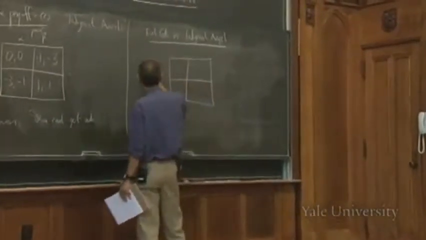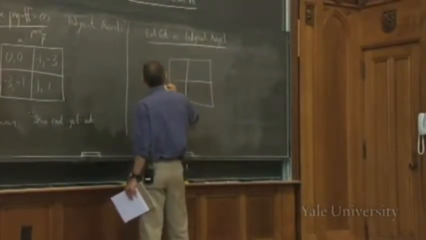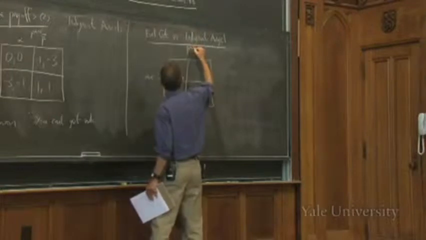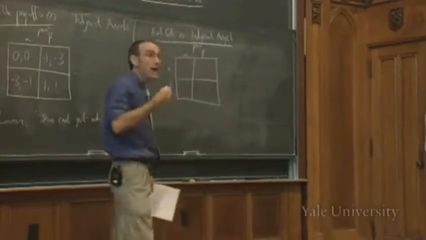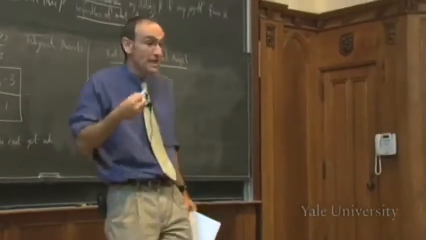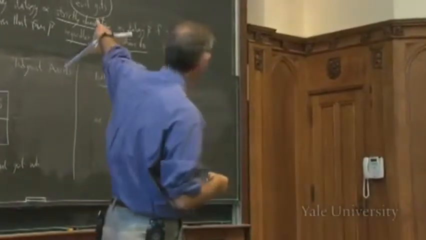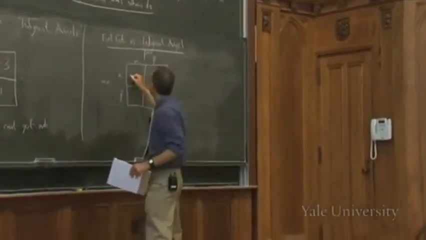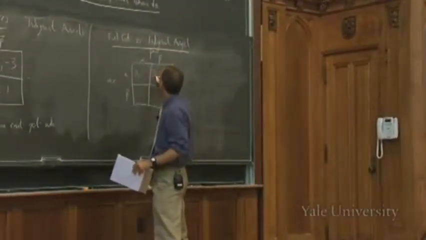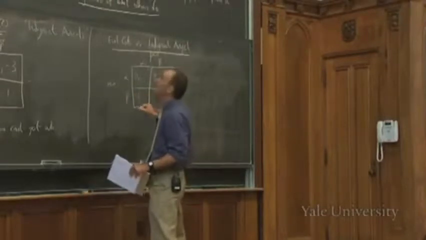In this case, this is me, as always, and this is my pair, the column player. My payoffs are going to be the evil git payoffs, so they come from the matrix up there. That's a 0, a 3, a -1, and a 1.